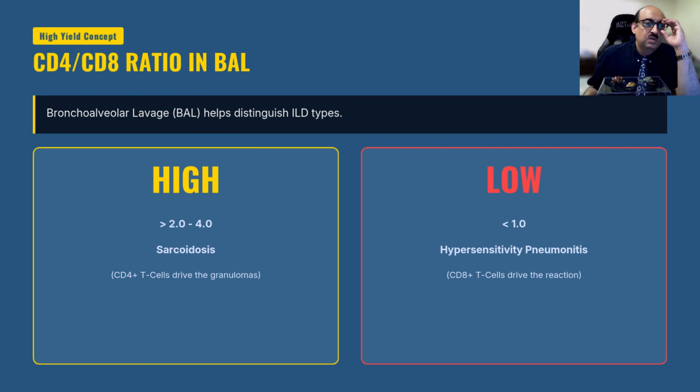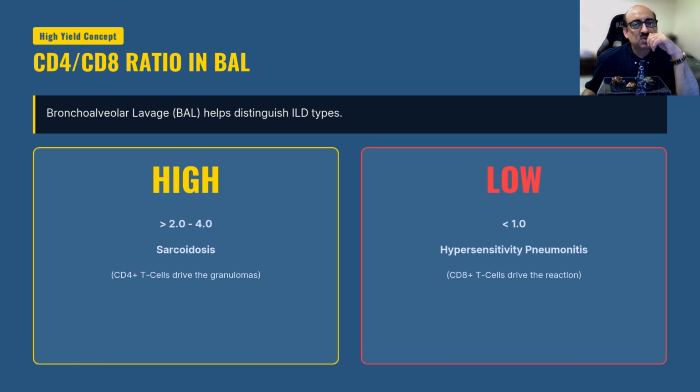In addition to all the discussion that we did in the previous slide, I really love this clinical concept, and it's very useful information for any Step 1, Step 2 questions, whether it's USMLE or MRCP. The CD4-CD8 ratio in BAL, bronchoalveolar lavage, usually differentiates between the different types of ILD.